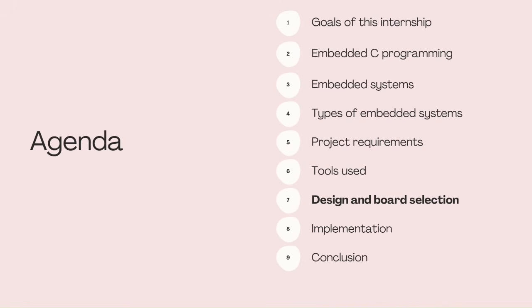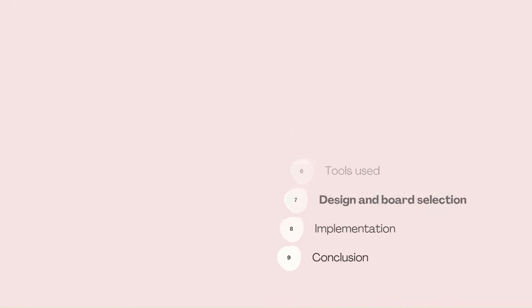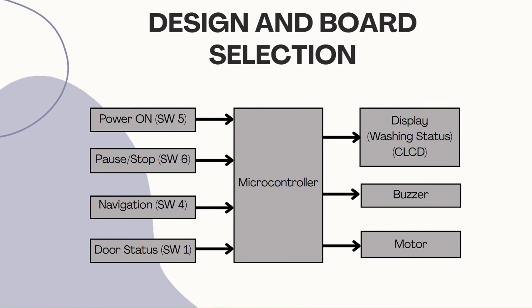Let's look at the design and code section. This is the block diagram for the simulation project that has been implemented. The left side of the microcontroller depicts all the inputs, and the right side contains how the outputs are displayed. So switches are primarily used for getting input from the user.